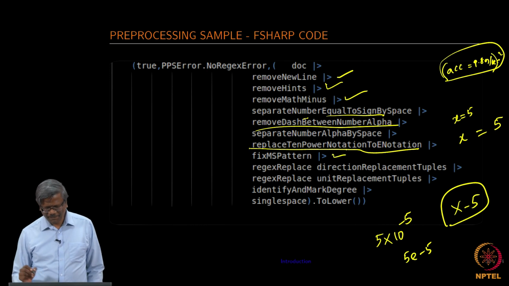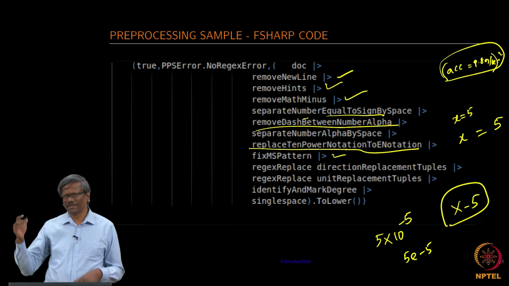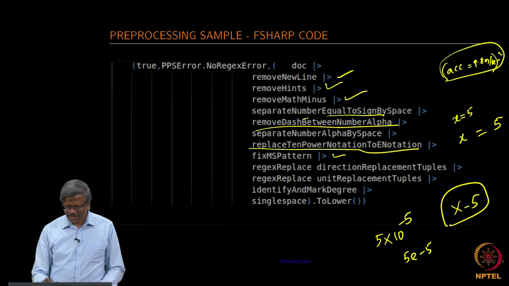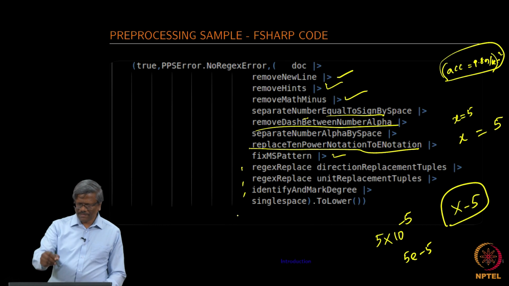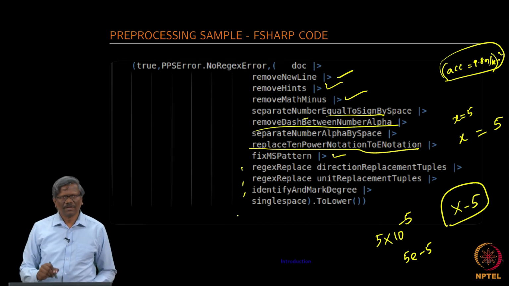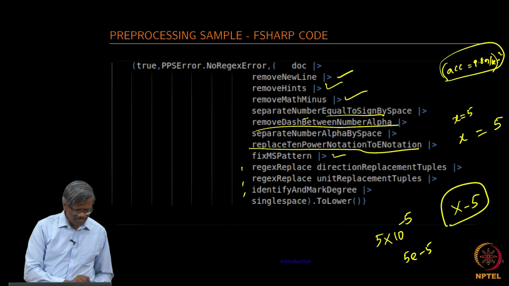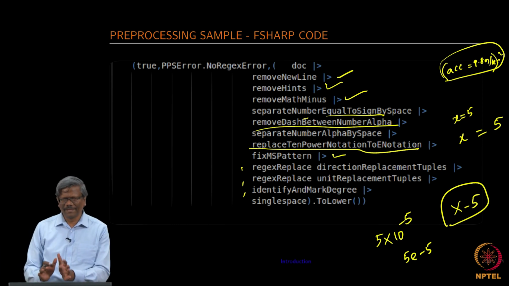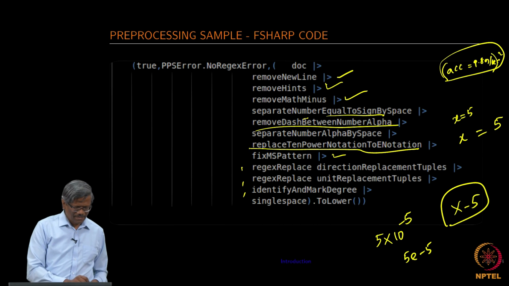And then it fixes certain patterns in terms of the units and so on. So if you look at this, there are so many pre-processing steps performed on this particular problem statement that we have in hand. Before we really take the problem to the machine to solve it, these are the set of tasks that you have to do as part of the pre-processing.